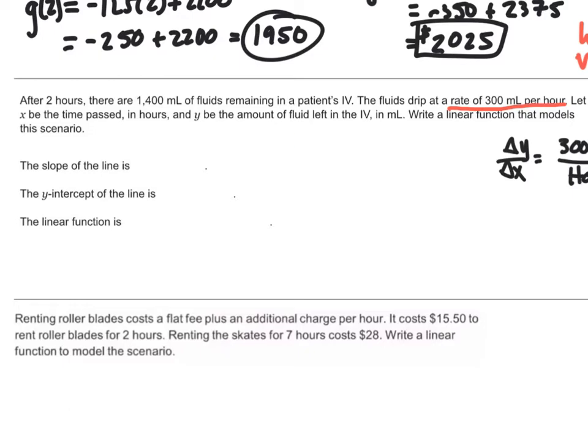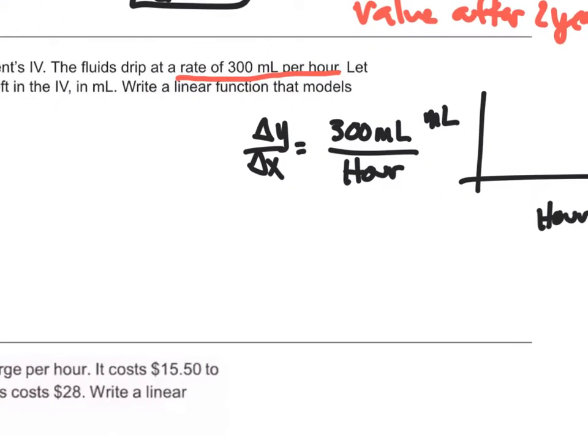So this is actually going to be a negative slope, because when we think about fluid leaving an IV, it's a bag of fluid. It's got a certain volume in there, and then it leaves at 300 milliliters per hour. And so when it does that, the amount of IV is going down.